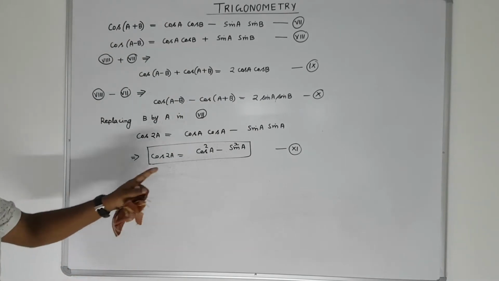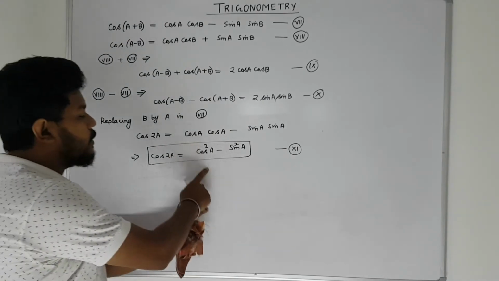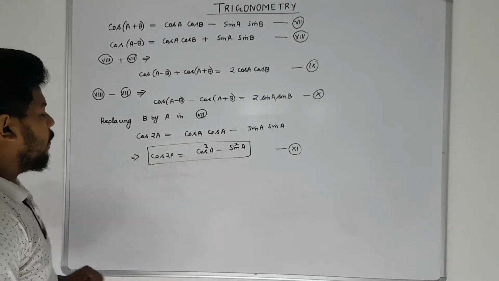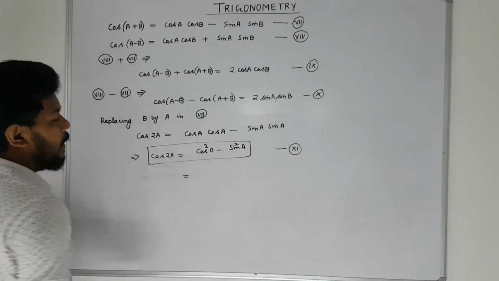So cos twice A can be expressed in terms of cos and sin as cos square A minus sin square A. Now what is cos square A minus sin square A?